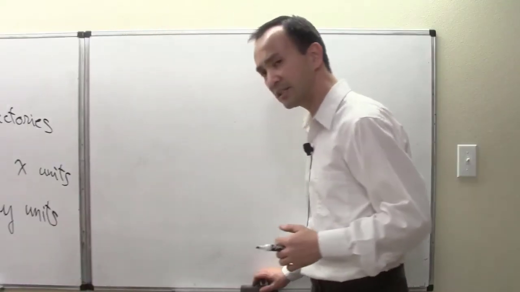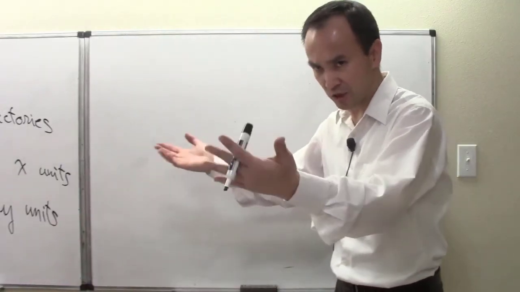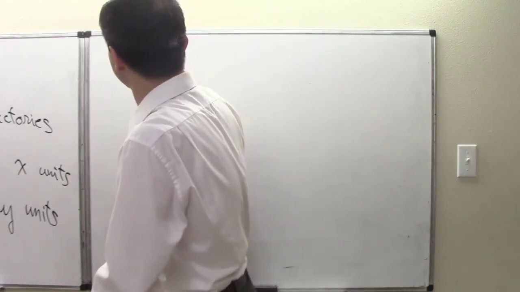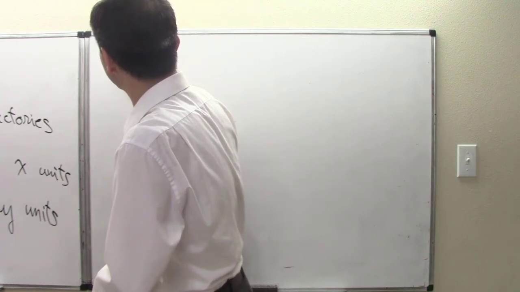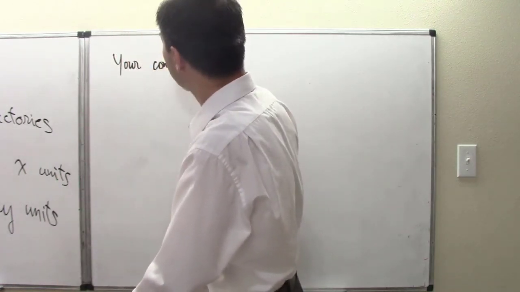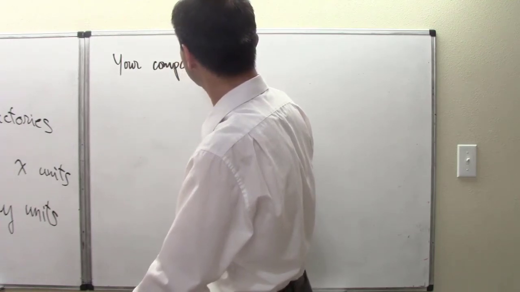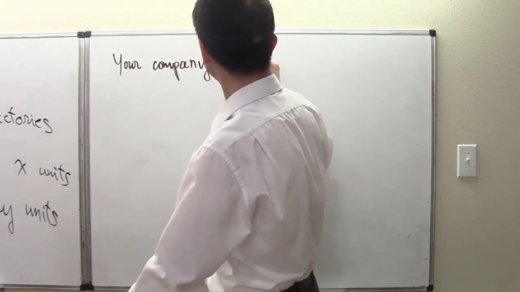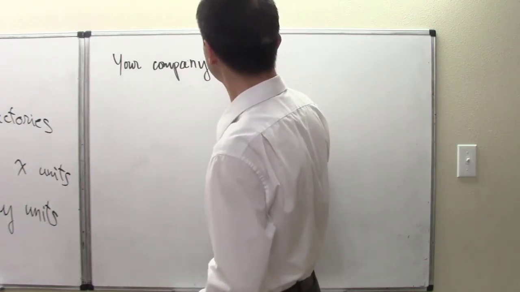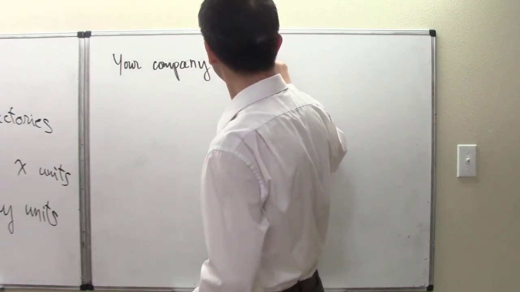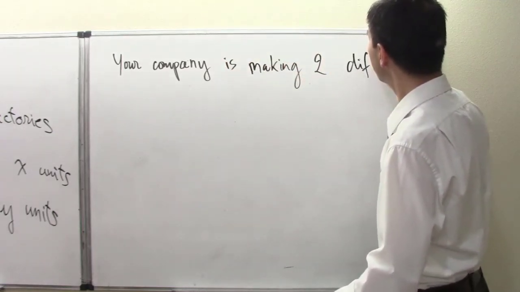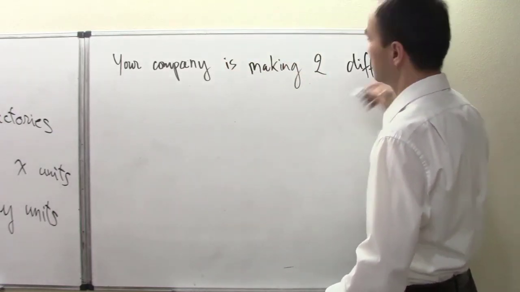We can think of another scenario, and I'm still talking about joint cost right there, okay? So we can talk about, how about just one same company? How about your company here is making 2 different products.